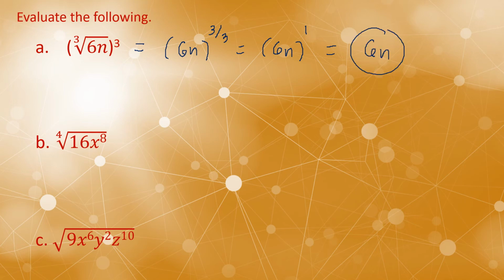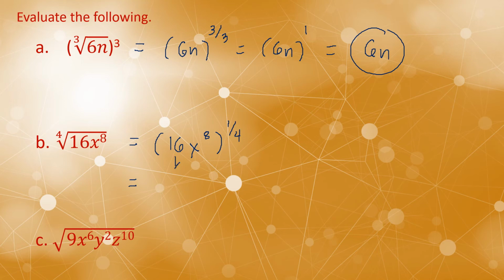So this is simply equal to 6n. Next, we have the fourth root of 16x raised to the 8th power. Let us first rewrite the radicand in exponential form. So we have 16x raised to the 8th power, quantity raised to 1/4.